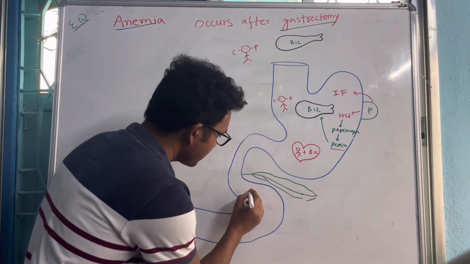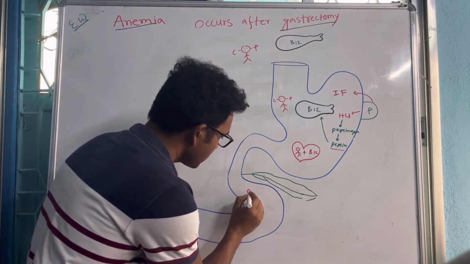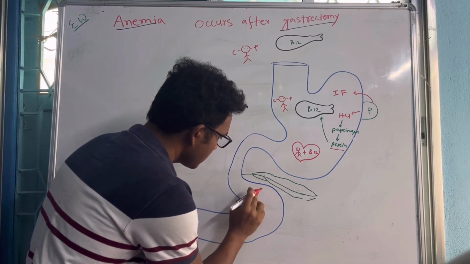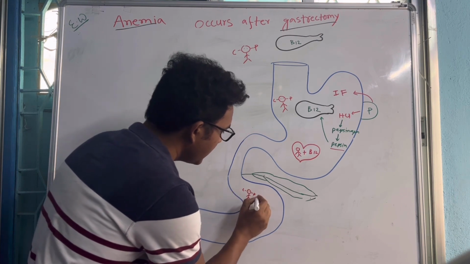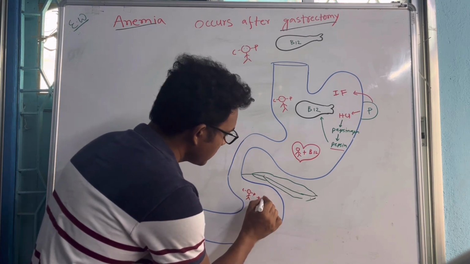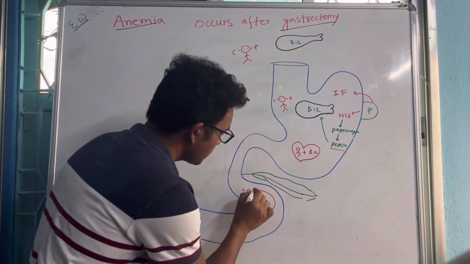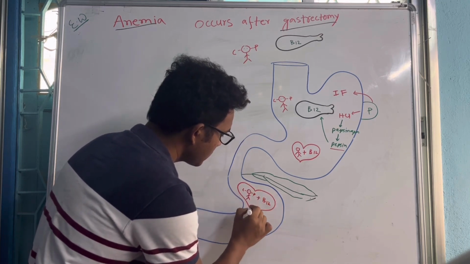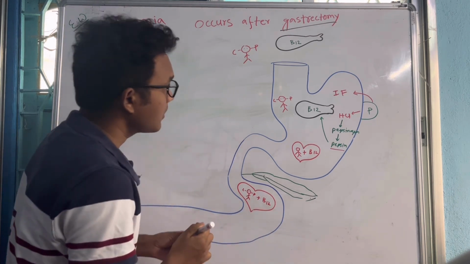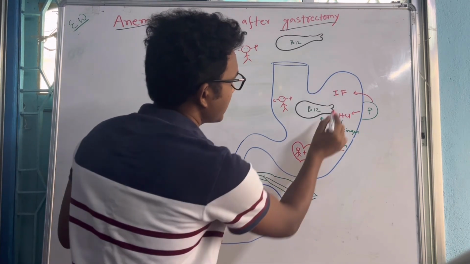Now in the duodenum, there is cobalamin with B12 and along with intrinsic factor.